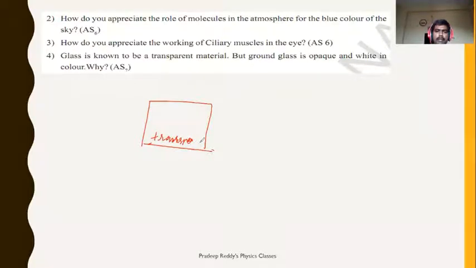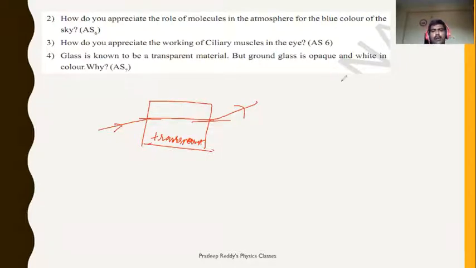In case of transparent material, when light comes, and this is the normal, light will be incident over here. It passes through this glass slab and from here it comes out. Okay, this is in case of a transparent glass slab. As it is transparent, there is no scattering of light inside and there is no interaction of the light with the molecules present over here.